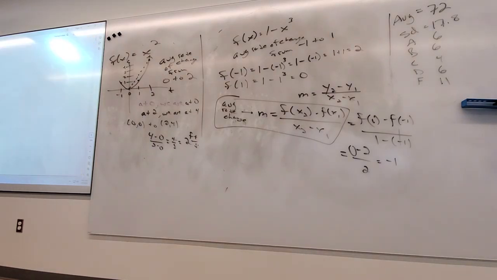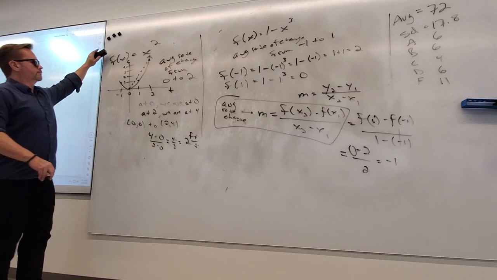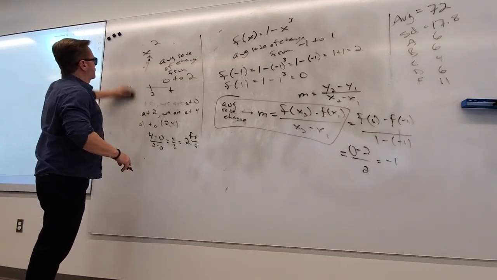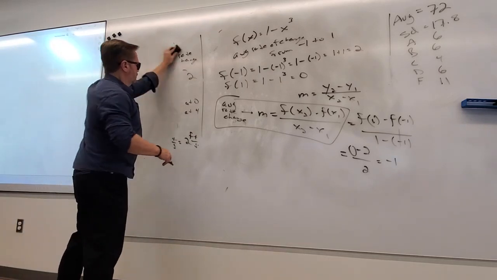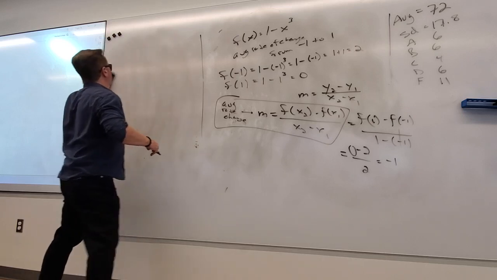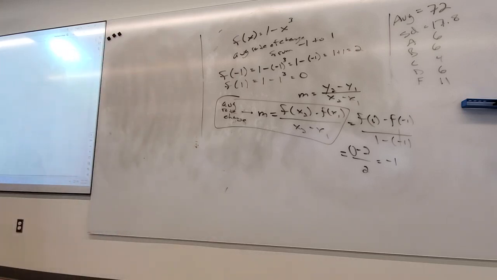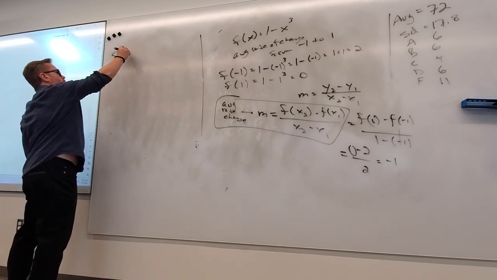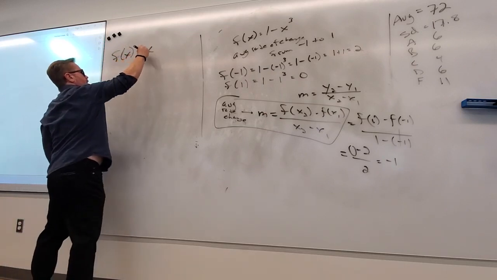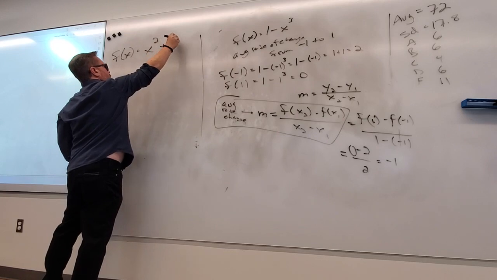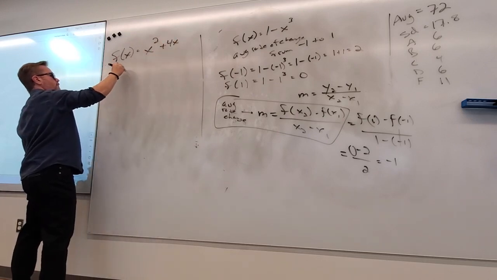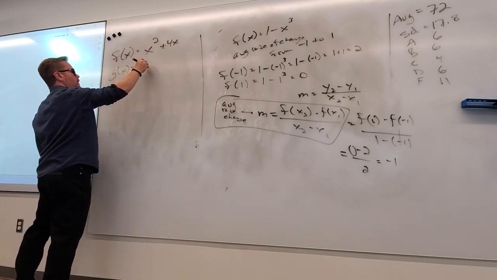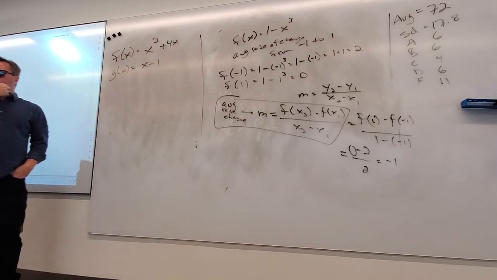So the next section, we already discussed composition of functions a little bit. We had a couple examples on that one worksheet we worked on. So if I said f of x is x squared plus 4x, and I say g of x is x minus 1.